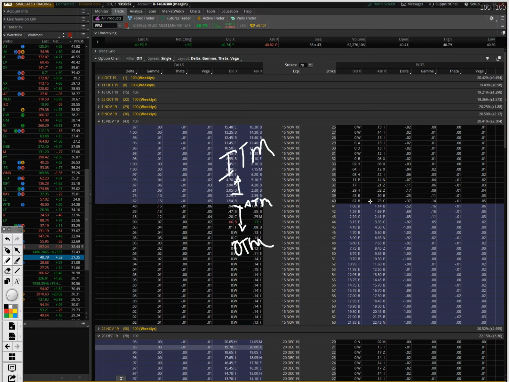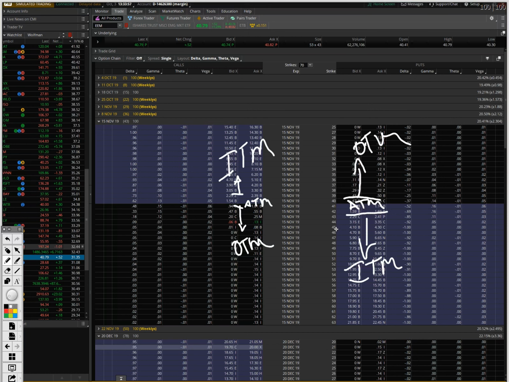Okay. And it goes the same for this. Right here is at the money. And anything outside of that, these are out of the money. And then anything this way is in the money, okay? Because these puts are trading higher than where that is. So obviously being below.